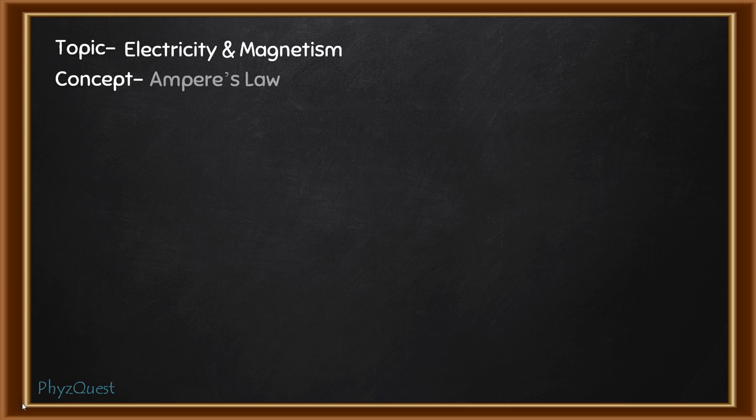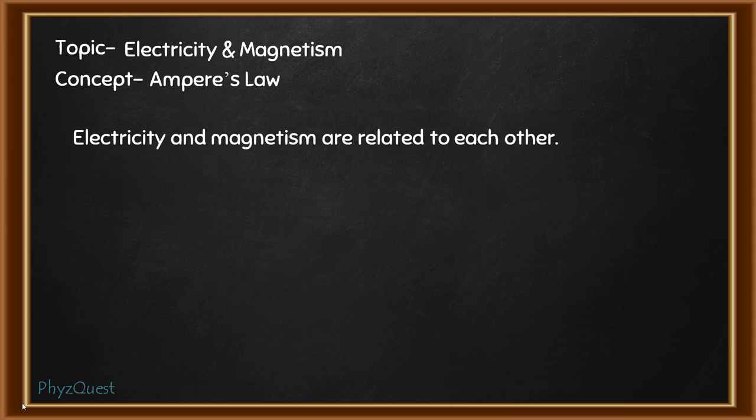Now, this question is based on the topic electricity and magnetism, and the concept here is Ampere's Law. Now we know that electricity and magnetism are interrelated. Electricity can produce a magnetic field and a magnetic field can produce electric current.